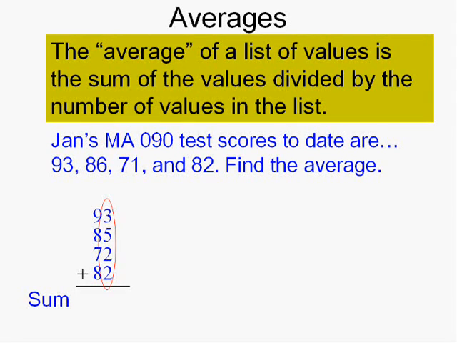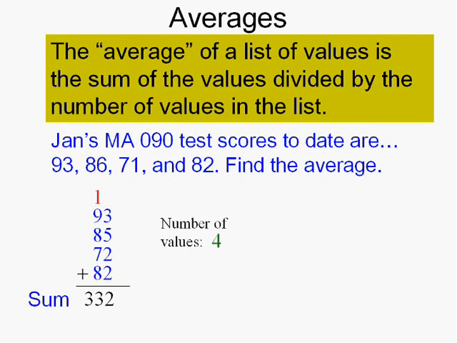Those add up to 12, so I'll write the 2, carry the 1, and then add 1, 9, 8, 7, 8, and I get 33. So they add up to 332. Now, how many values did I want to take the average of? Well, there's 4 tests.